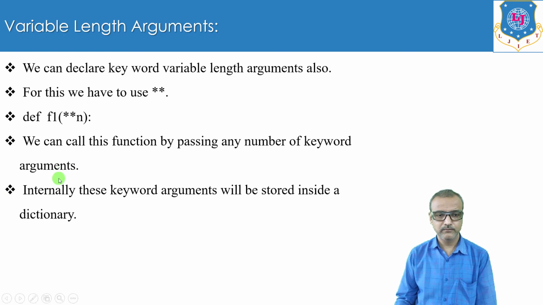No need to worry. Internally, these keyword arguments will be stored inside a dictionary. Now, what is a dictionary? Again, I will explain dictionaries and tuples in the forthcoming lectures. No need to worry right now about these topics.